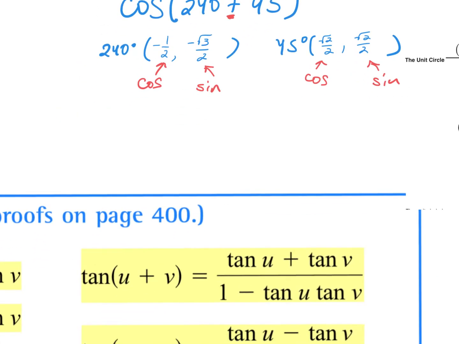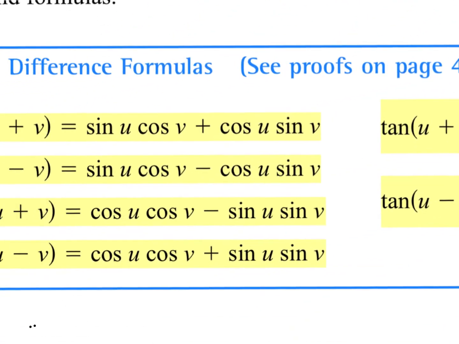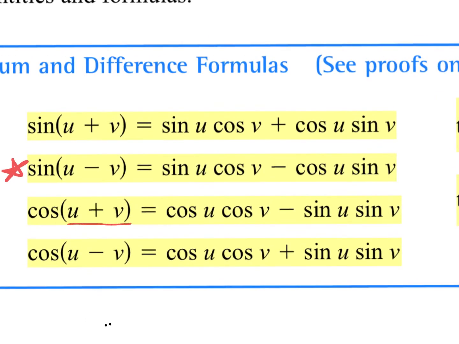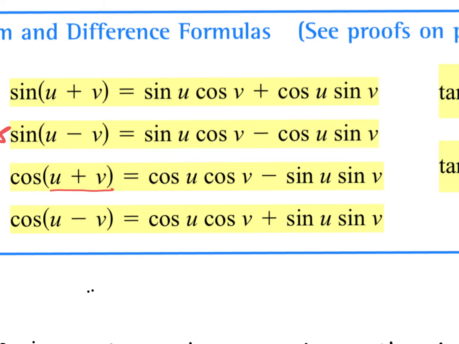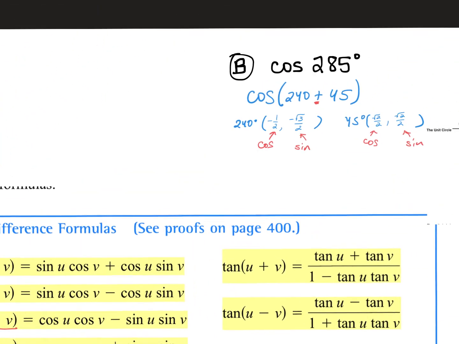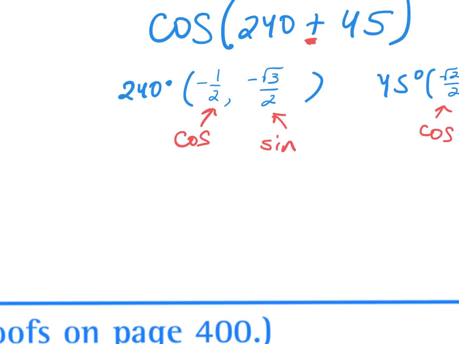And what are we doing, guys, to these two angles? We're adding them. Look, remember that cosine formula is different. If I'm adding the two angles, my formula is cosine, cosine, what? Minus sine, sine. Don't get that confused, okay? So we're doing the cosine of 240 plus 45.